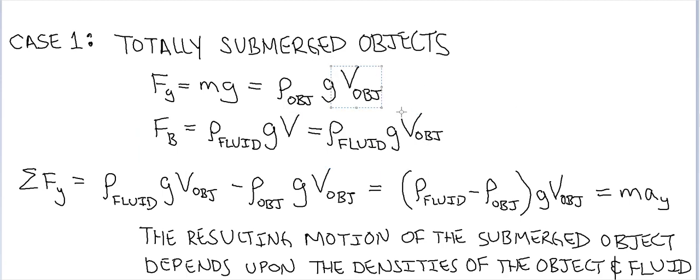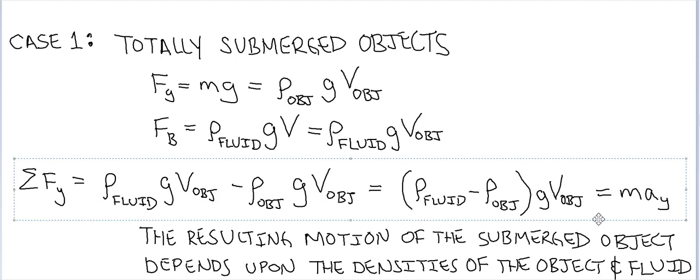Notice in both cases here, it's the volume of the object that matters, because if it's fully submerged, the whole volume of the object is displacing water or whatever fluid you're talking about. So in this case, you could write your equation of motion as the density of the fluid times g times the volume of the object, minus the average density of the object times g times the volume of the object.